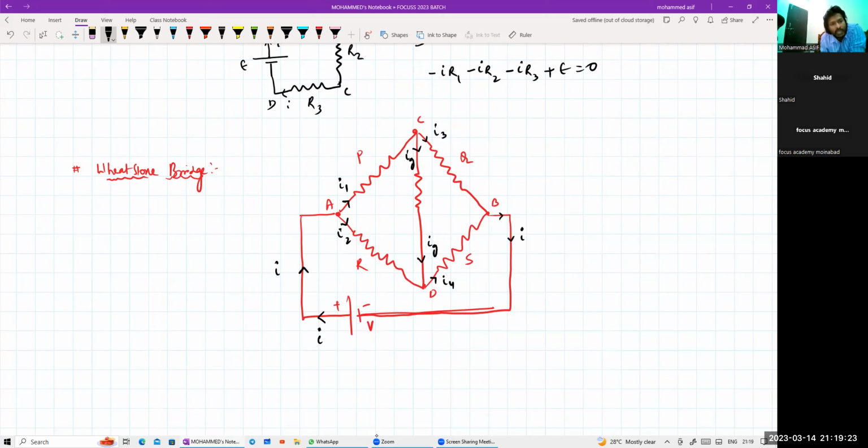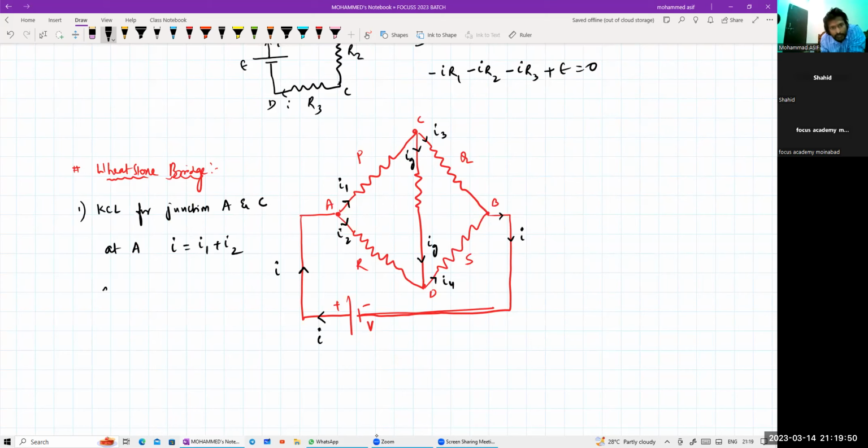So let us try to apply KCL first. KCL for junctions A and C. चलो बताओ, जंक्शन A के पास क्या होगा बताइए? At A, I will be equal to कितना? I1 plus I2, isn't it?